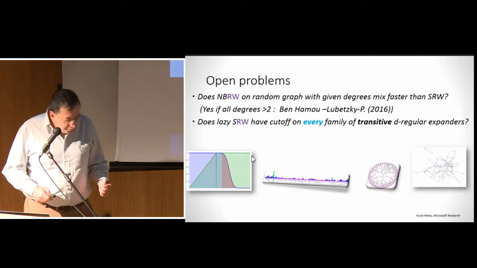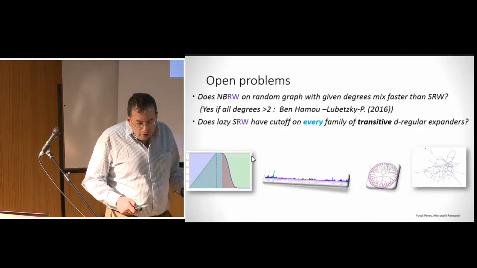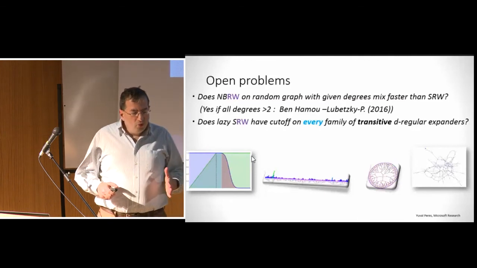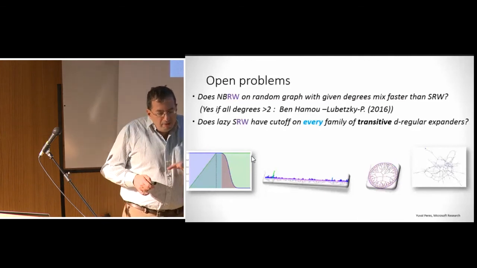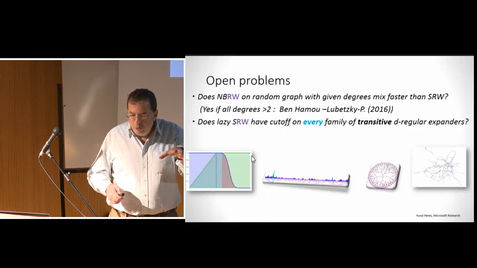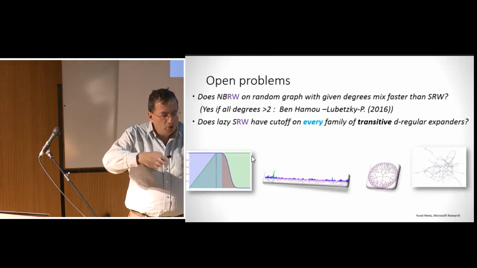But in the irregular case, there is a complication because although the non-backtracking walk moves faster, it is also less smart about where it moves. The simple random walk, when it goes to an area which is sparse, it tends to go back. While if it goes to an area which is rich, it moves forward more.